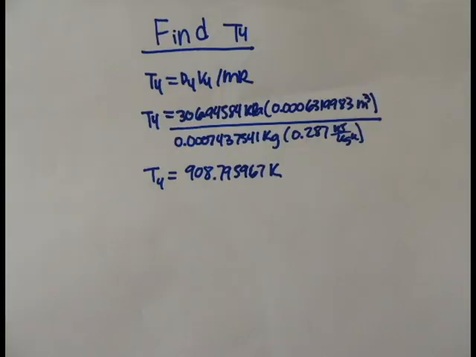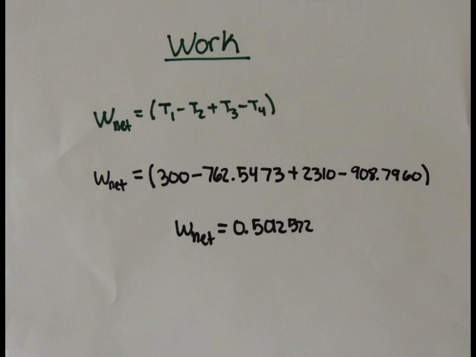We then use the known value of P4 to find T4, once again using PV equals mRT. We find that T4 is 908.796 Kelvin.